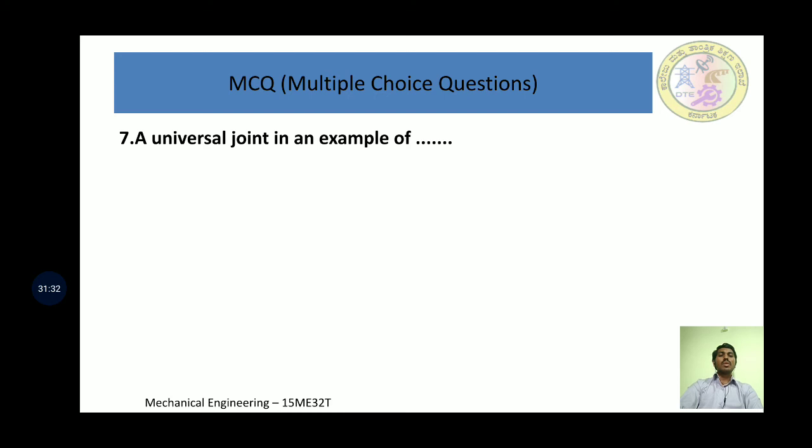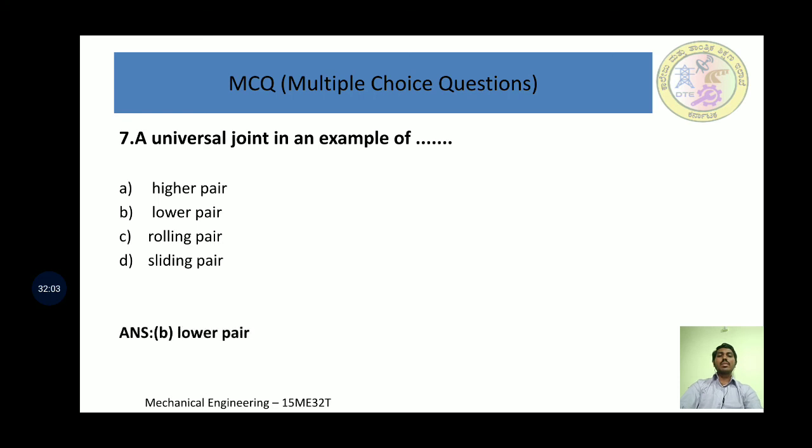Seventh, universal joint is an example of A, higher pair; B, lower pair; C, rolling pair; D, sliding pair. Correct answer is lower pair.